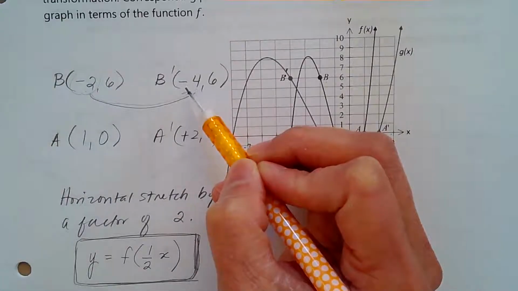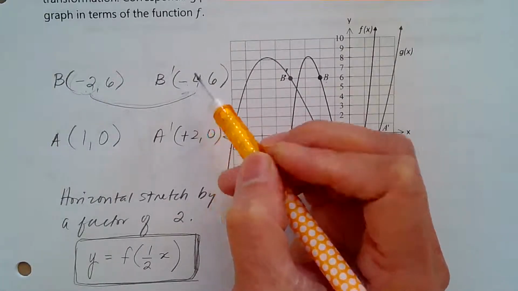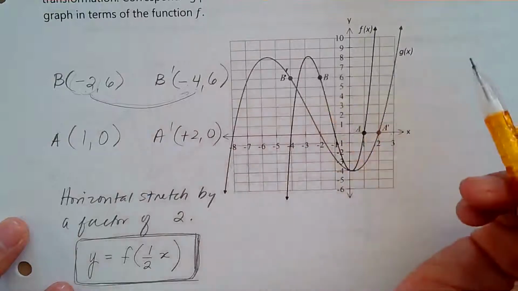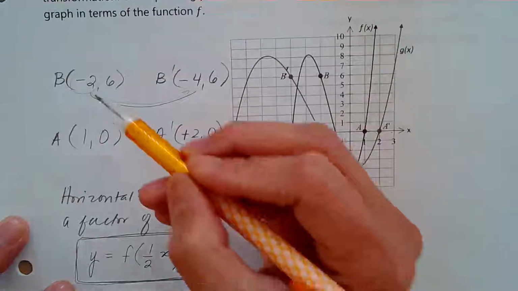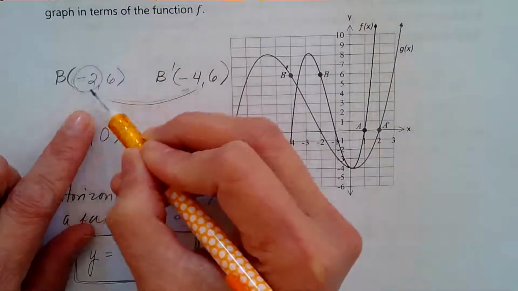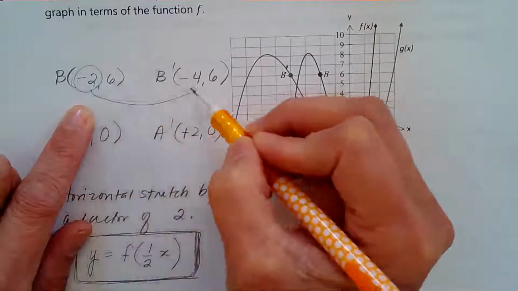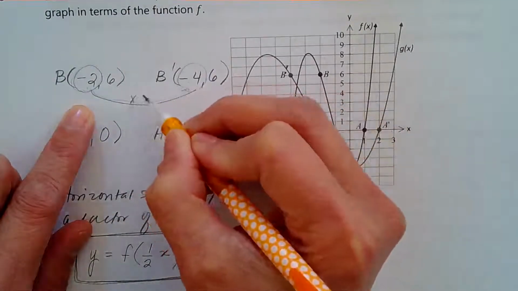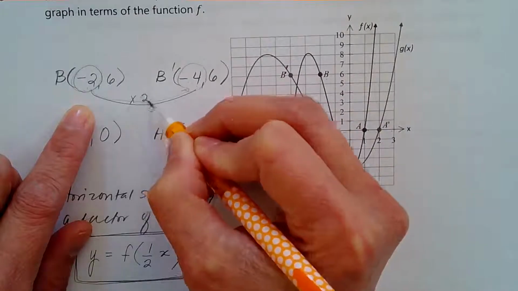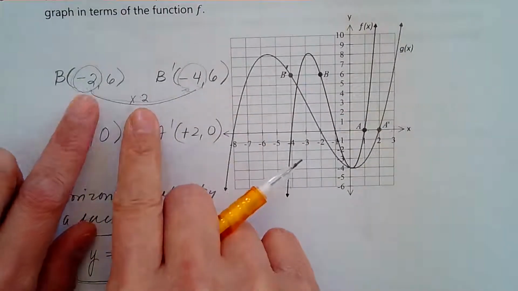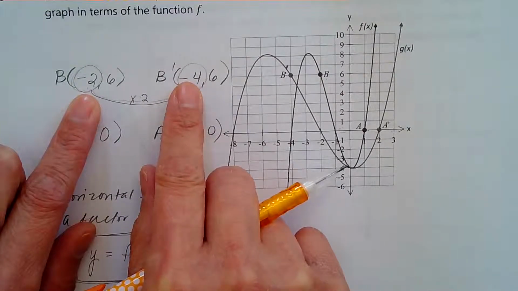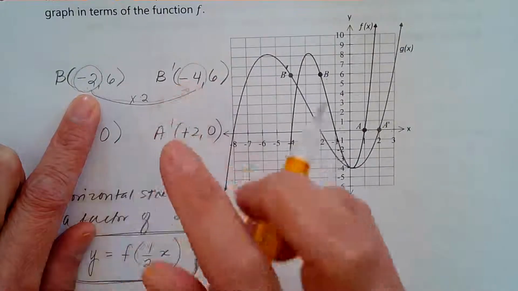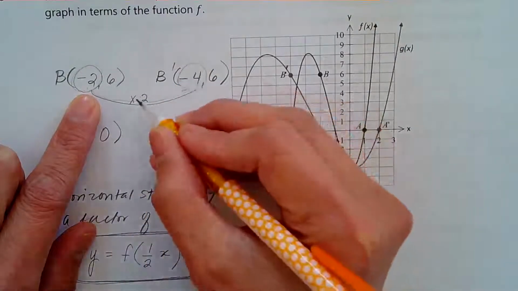Negative 2, 6. Negative 2 is what you started off with, and then you got a negative 4. So I had to multiply it by 2, right? Negative 2 times 2 will give us negative 4. Is that what you're asking about?